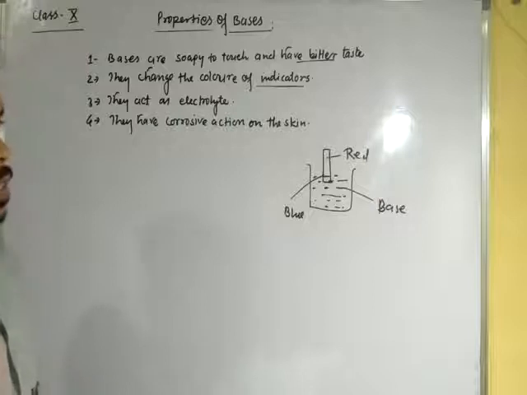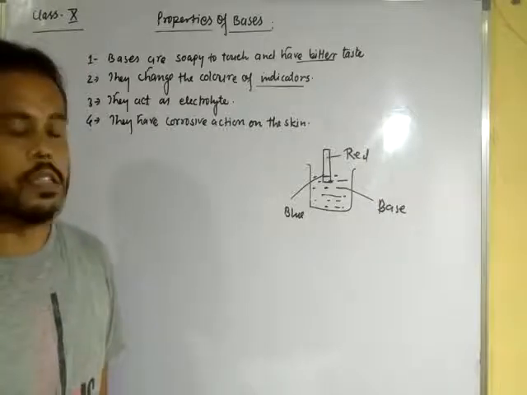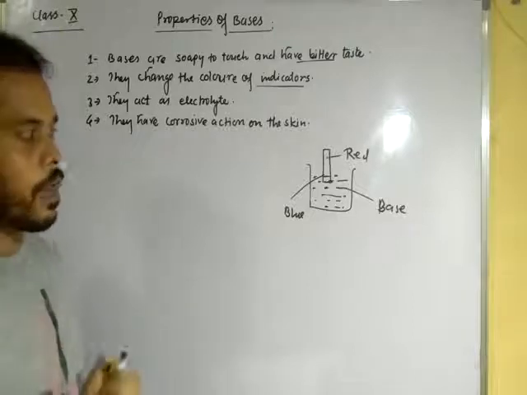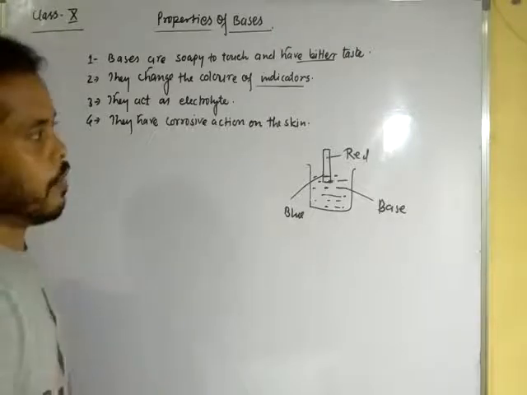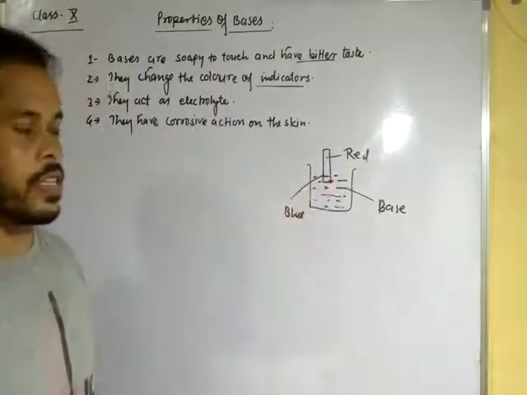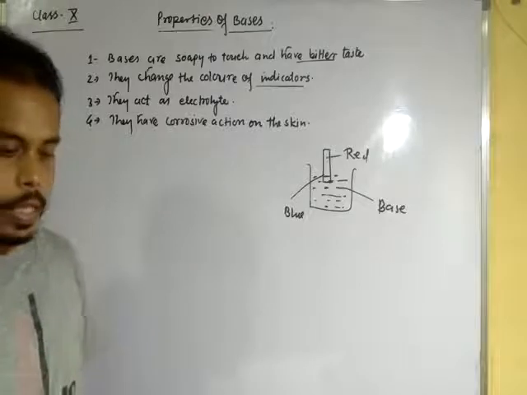Now the second one is phenolphthalein, another kind of indicator, and the color of phenolphthalein is colorless. There is no color. When phenolphthalein is added to a base, it becomes pink in color.